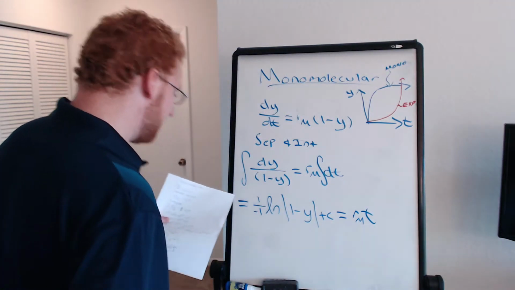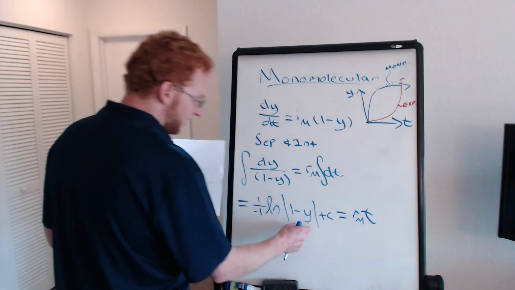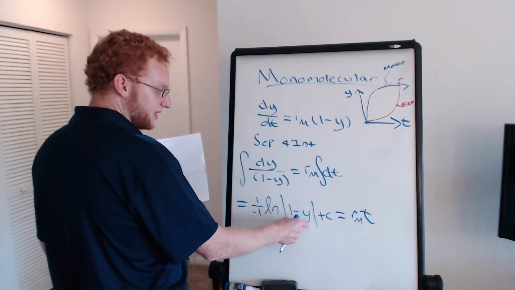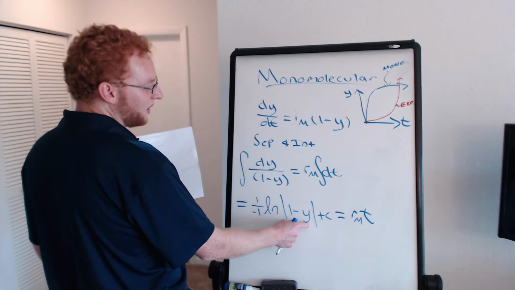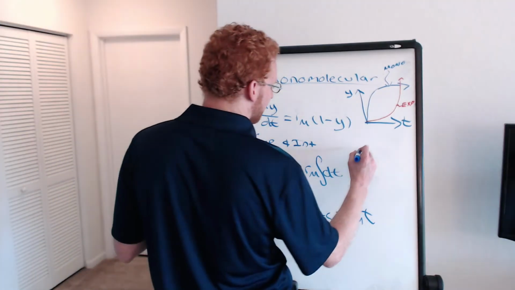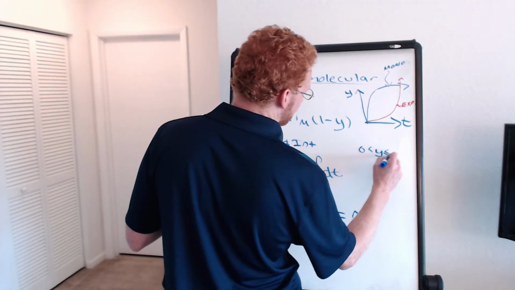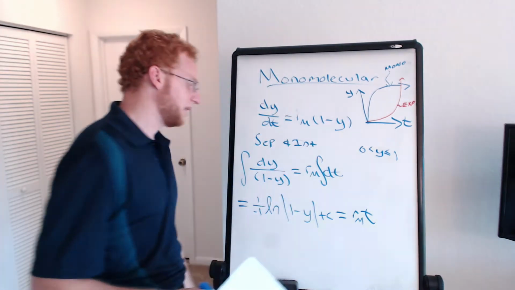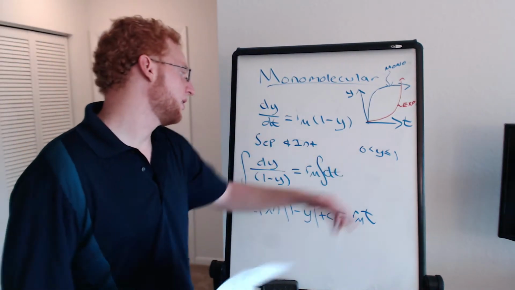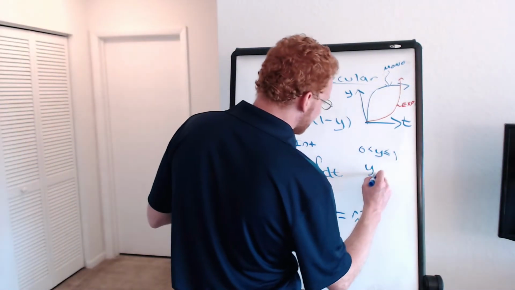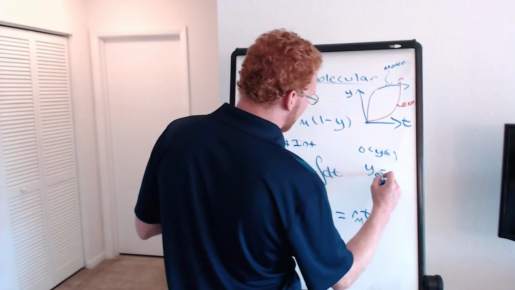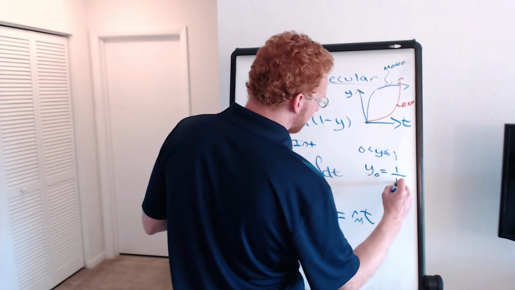Then we're going to make note that 1 minus y is never going to be less than or equal to 0, because we're doing the restriction 0 is less than y, which is less than or equal to 1. That makes sense because y naught is at least 1 over the sample size.